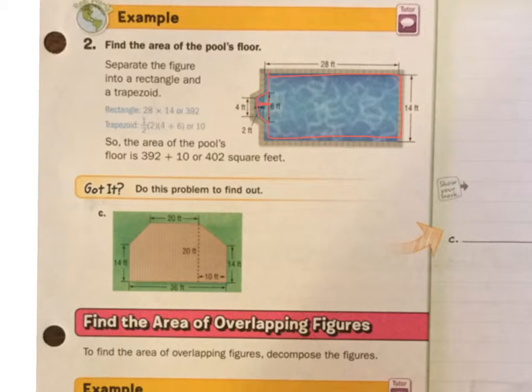Okay? So let's go with the easiest thing first. Let's do the 28 times 14. 28 times 14 is 392. So the main part of the pool is 392. Now we just got to find this little trapezoid here. So it's 1/2 times the height, which is 2, times my 2 bases.